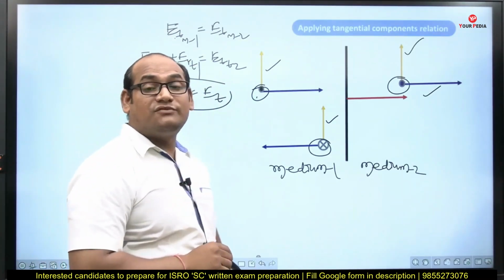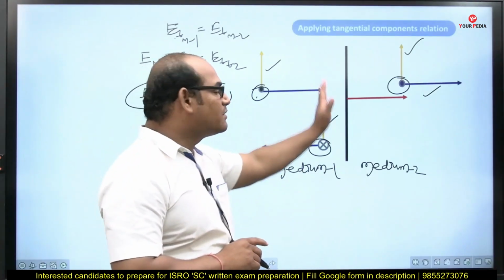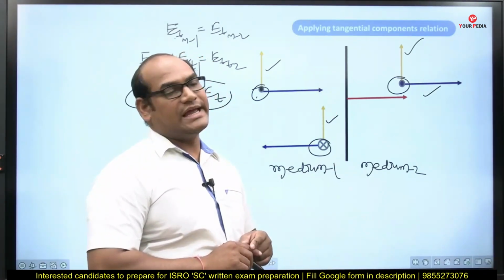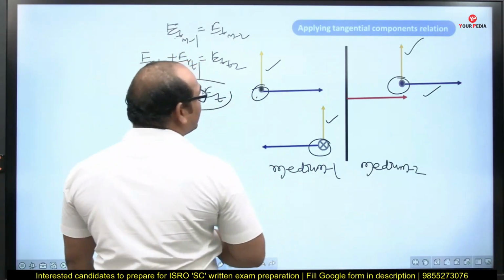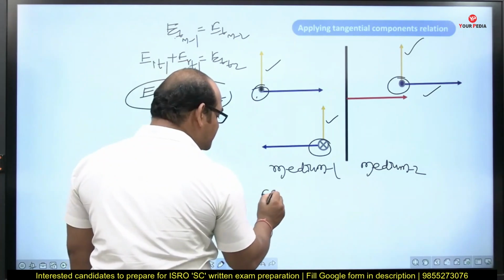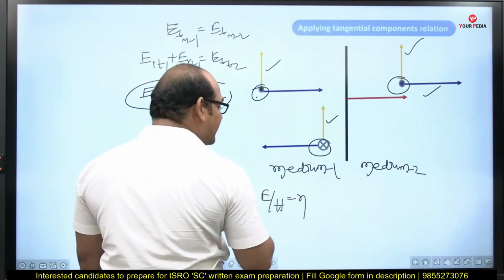Now what do we write for the magnetic fields? We are assuming that this boundary is current free. Generally E by H is equal to eta, so H is equal to E by eta.